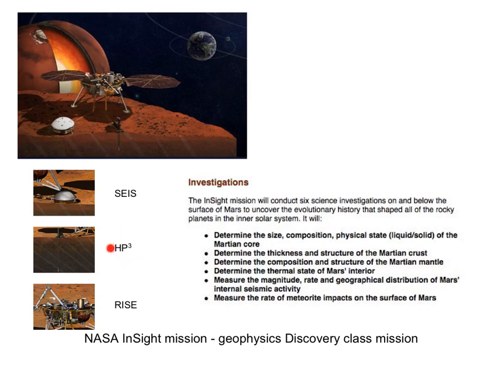This HP cubed instrument is basically, rather than drilling a borehole and dropping down a thermometer like we would be able to do on the Earth, we really don't have the ability to send fancy drilling rigs to Mars yet.